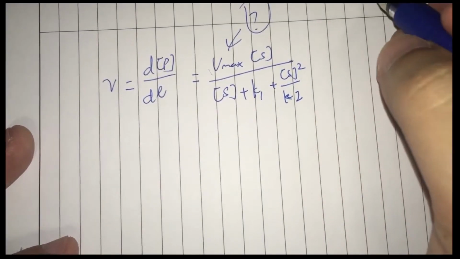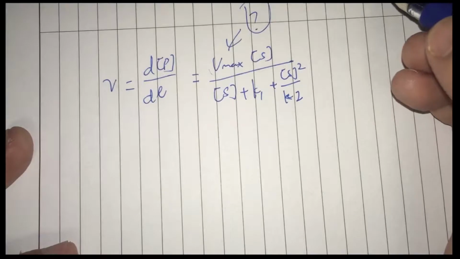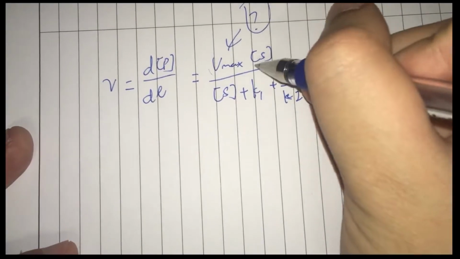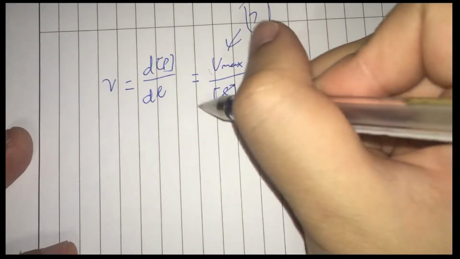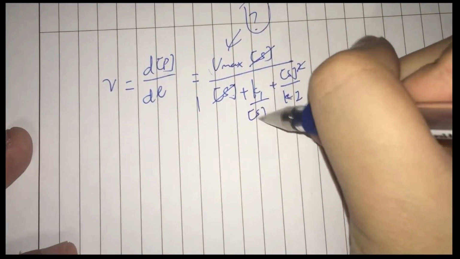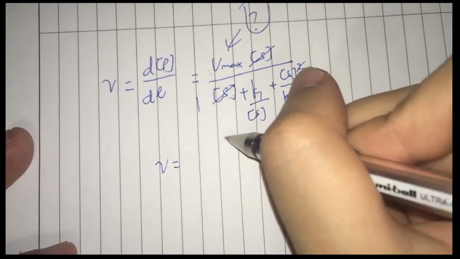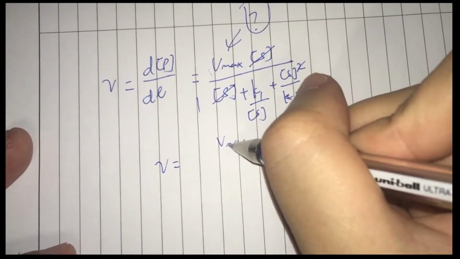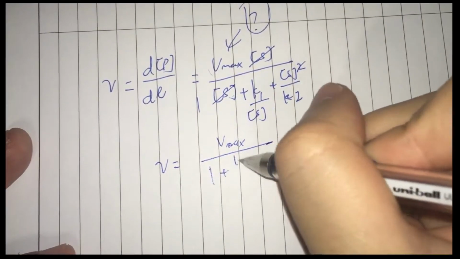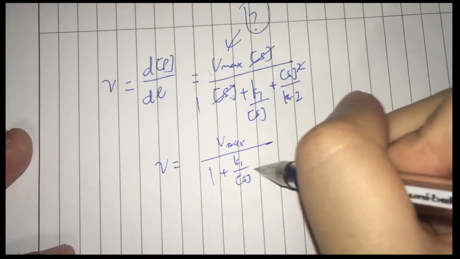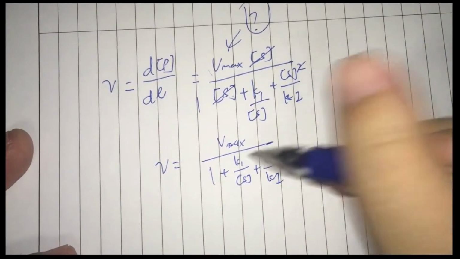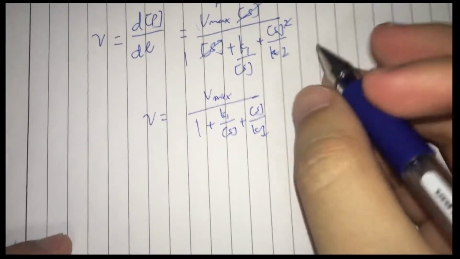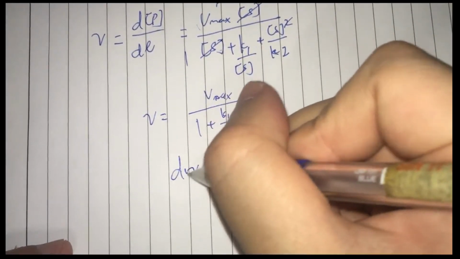And then we want to divide the top and bottom by S. So this becomes 1 and this becomes this, over 1 plus K1 over S plus S over Ki. So this is the inhibition, this is the first equilibrium. And then we'll differentiate.